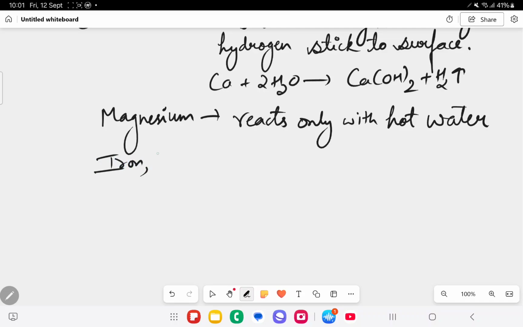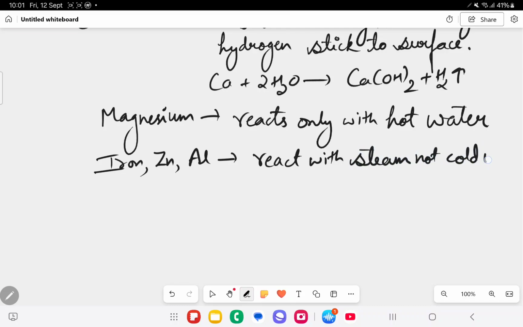Iron, zinc, aluminium, these react with steam, not cold water. Thrice of Fe, we will take steam over here.